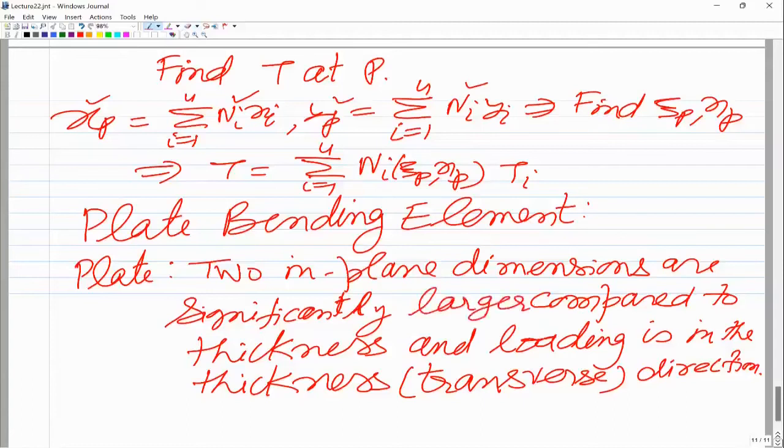So two in-plane dimensions are significantly larger compared to the thickness, and loading is in the thickness or the transverse direction. If we have this situation, then we model that structure as a plate element.